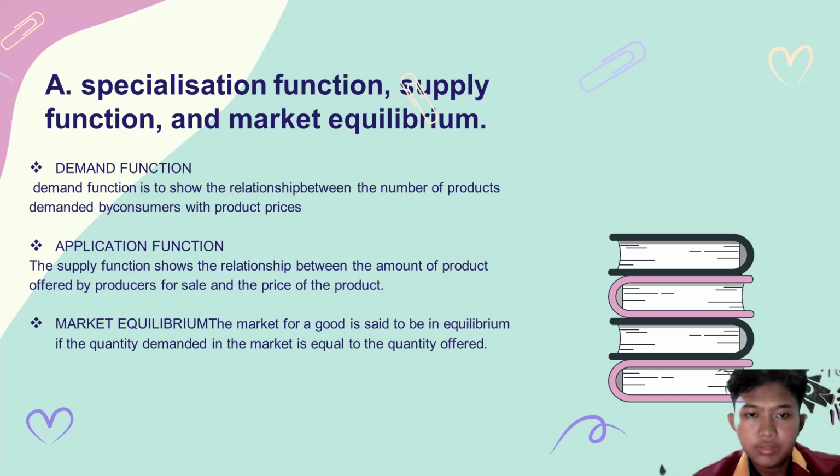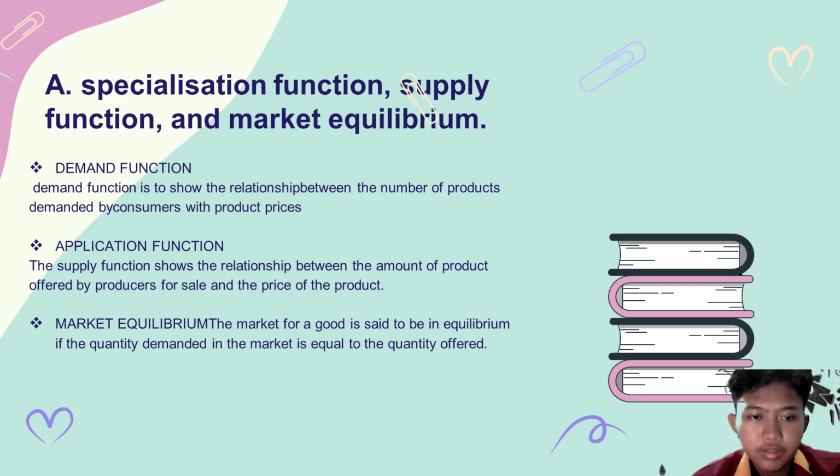A. Demand function, supply function, and market equilibrium. The demand function shows the relationship between the number of products demanded by consumers and the product price.